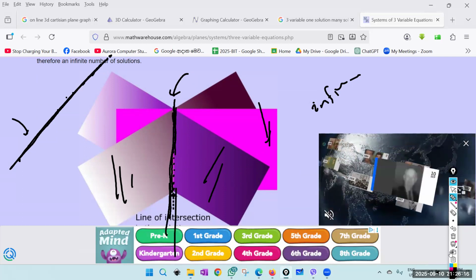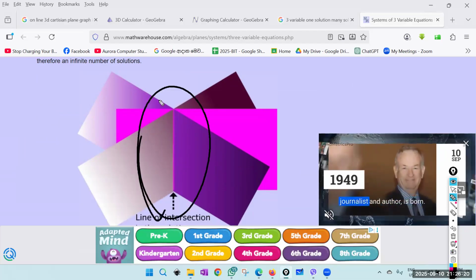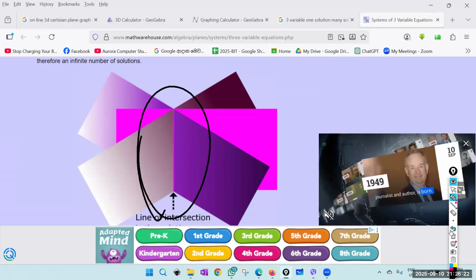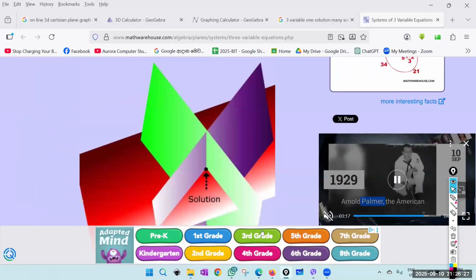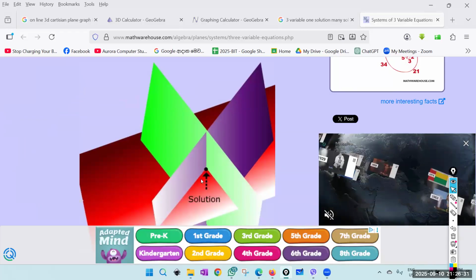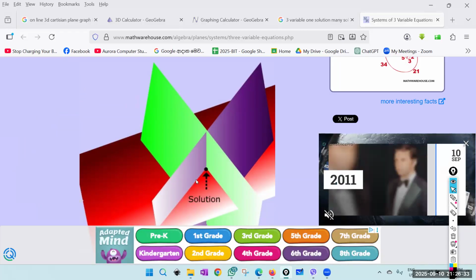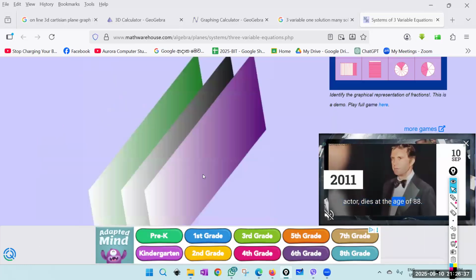So therefore, what are the 3 possibilities? Infinite number of solutions for the system of linear equations. Unique solution, like this, where only one x, y, z will satisfy all 3. And no solution.